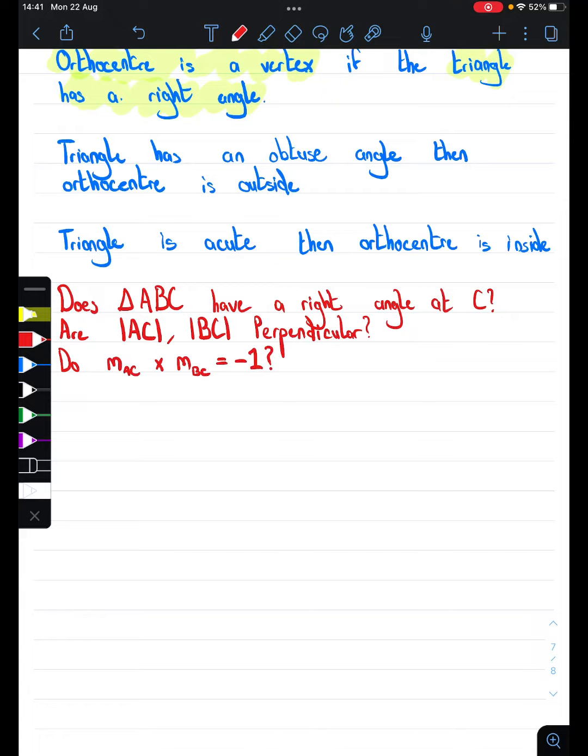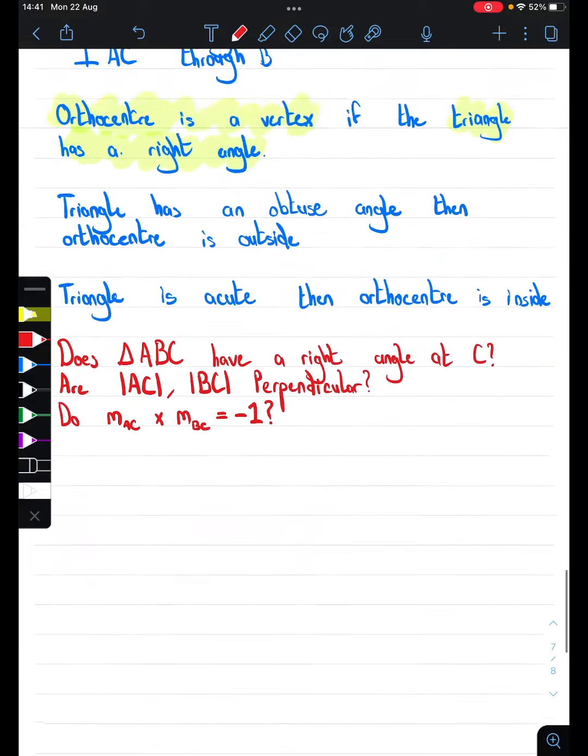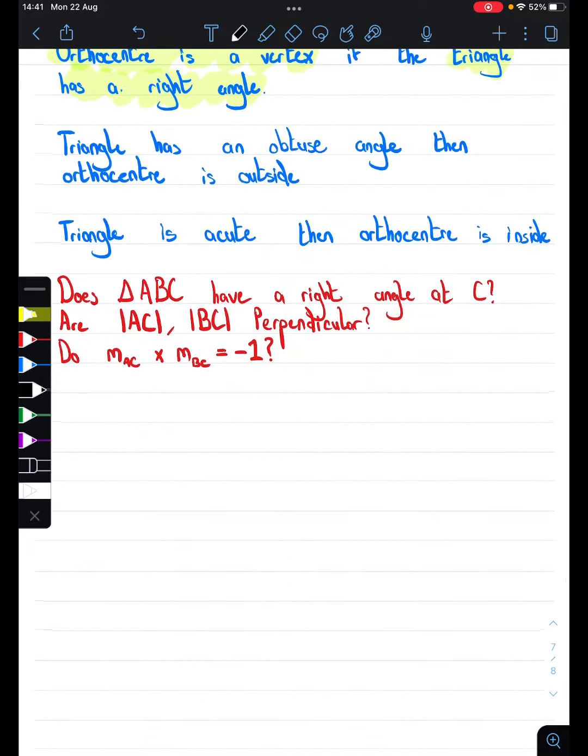And if they equal -1, then the lines are perpendicular, and that means ABC has a right angle at C. And if ABC has a right angle at C, then the orthocenter is C. So we're actually proving something four steps away, but they all mean the same thing.